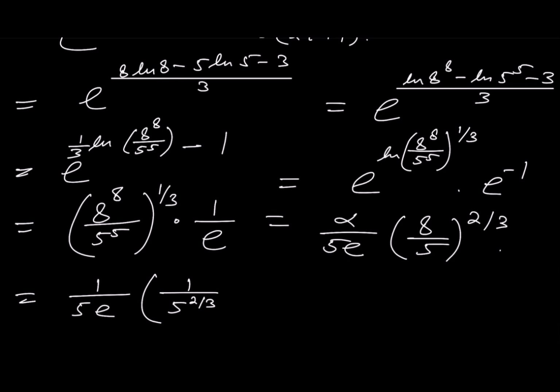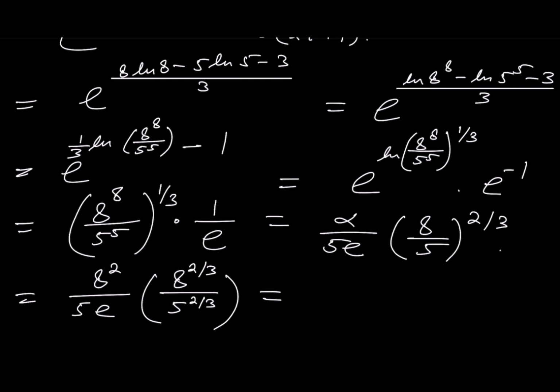Also, if I write 8 to the power 2 by 3 inside the bracket, then outside I have to write 8 to the power 2, because 8 to the power 2 into 8 to the power 2 by 3 is 8 to the power 8 by 3. Okay.